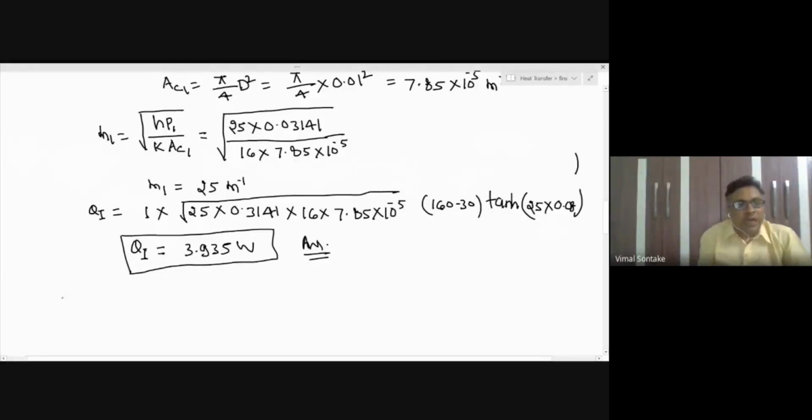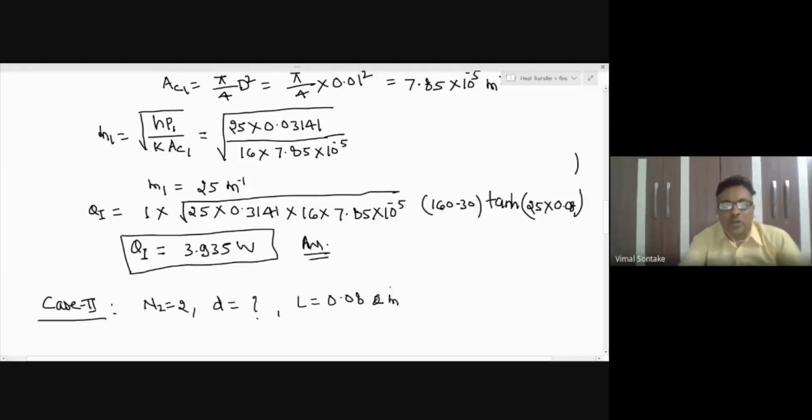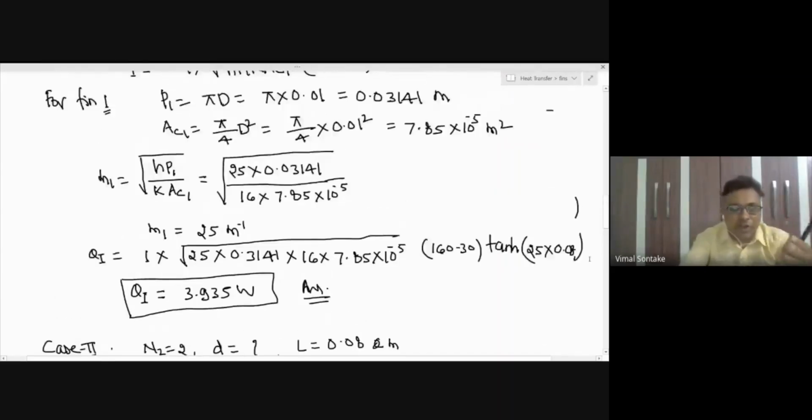Okay. Now case 2. In case 2, there are two number of fins of some diameter small d that I don't know, and length remains same. So calculation will also go in the same fashion. Okay.